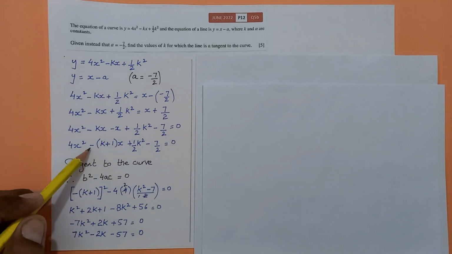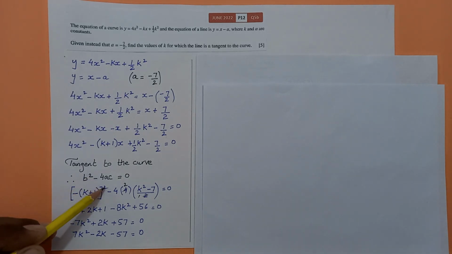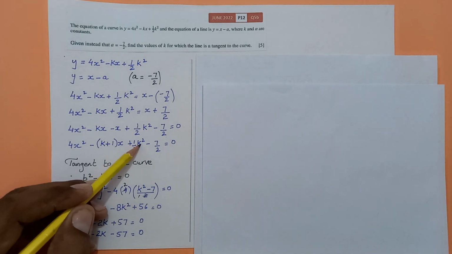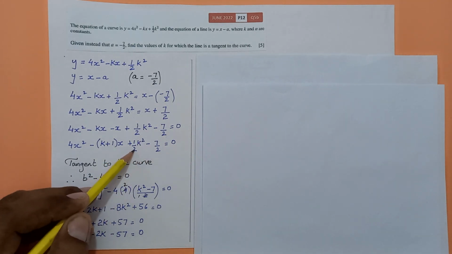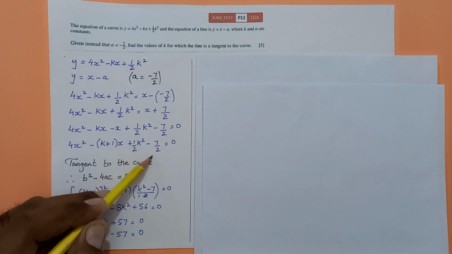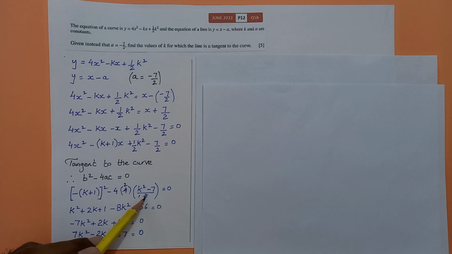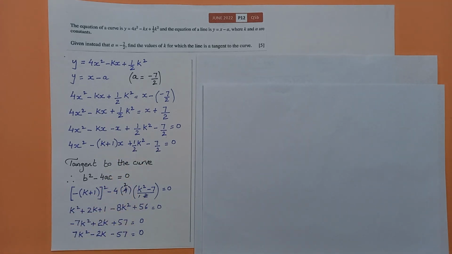Instead of b write negative k plus 1, which I have written over here along with the square. And instead of c, I have written half k squared minus 7 upon 2, because both contain the denominator 2. So I have written k squared minus 7 divided by 2, as you can see over here, because both contain the denominator. So I have converted them into a single fraction.